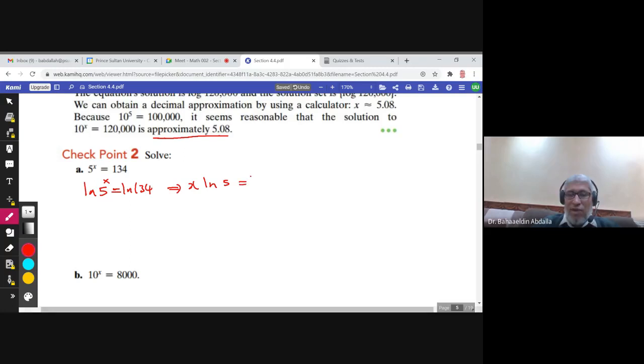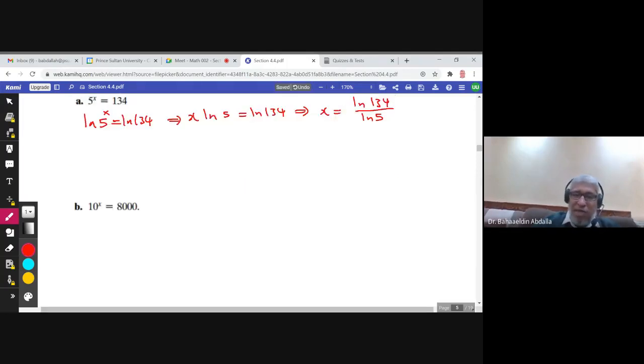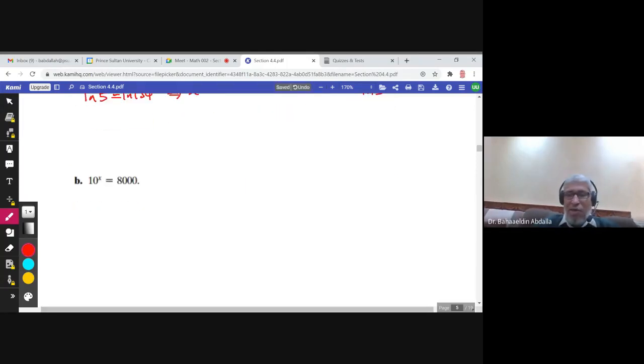So x ln 5 would be equal to ln 134, and then x would be ln 134 over ln 5, and that's the answer. I can approximate the answer using the calculator. Here I use log because this is 10 to the power x, the base is 10. So log cancels 10 and x would be equal to log 8,000. That's the answer.